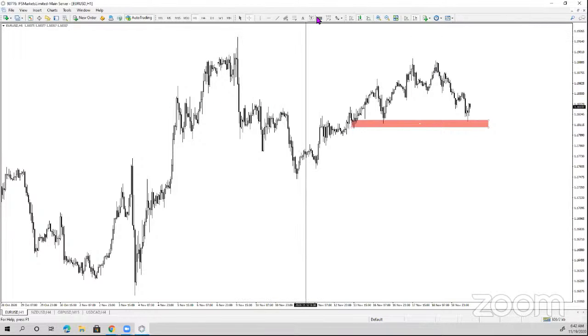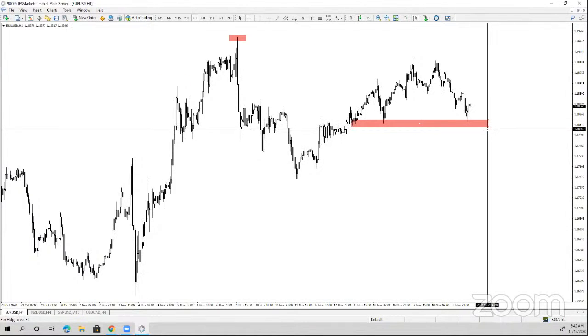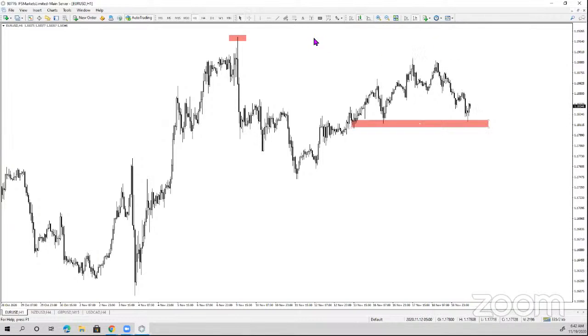I think that putting my stop loss above this high would be too conservative in my opinion, because this is a short-term play on the Euro US dollar. If it were a swing trade, I would definitely put my stops above that high. But since we're trading the short term, within a couple of days for targets, I'm more than happy to do this. So that's a 93 pip stop loss.